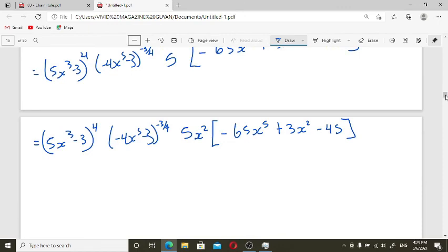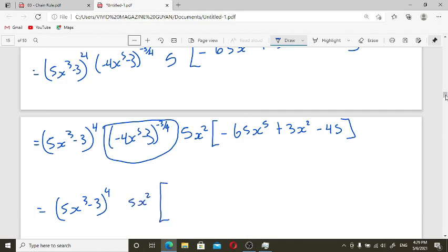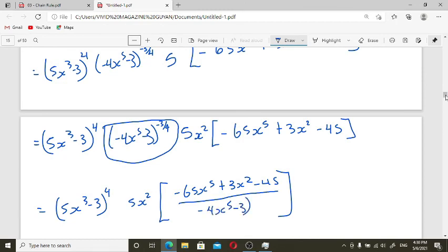But of course, you cannot have a negative power. So this is going to be 5x cubed minus 3 to the 4th, times 5x squared, times minus 65x to the 5th plus 3x squared minus 45, all being divided by minus 4x to the 5th minus 3 raised to the 3 over 4.